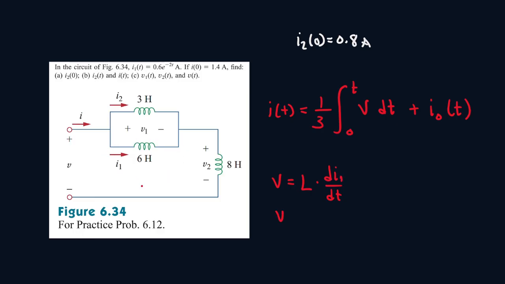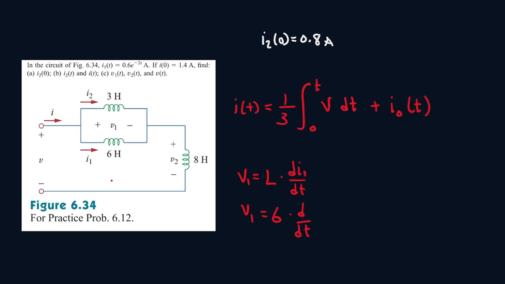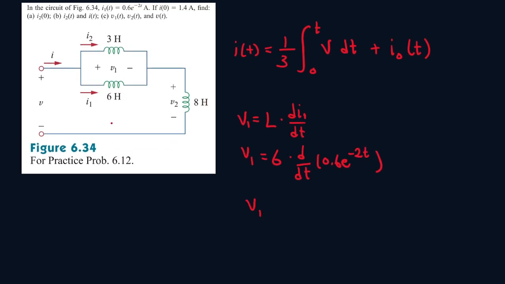Okay? So it'll be 6 henries times the derivative of 0.6 e to the power of minus 2t. And this will give me minus 7.2 e minus 2t.